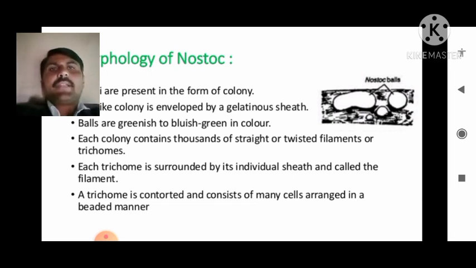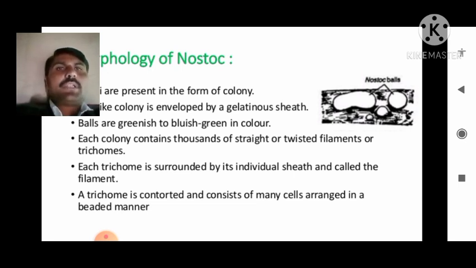Thousands of filaments or trichomes are twisted, and due to the twisting they form the ball structure.